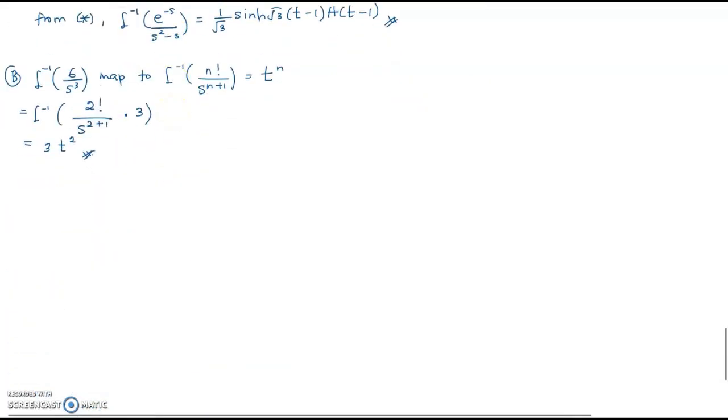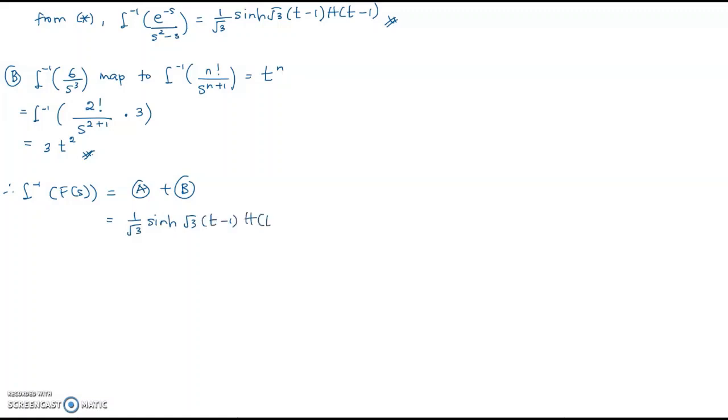So we put together, therefore the inverse of F(s) is equal to the solution in A plus the solution in B, which is what we have earlier, 1 over square root of 3 sine of square root of 3 t minus 1, h t minus 1, plus 3 t squared. So that's the first solution.